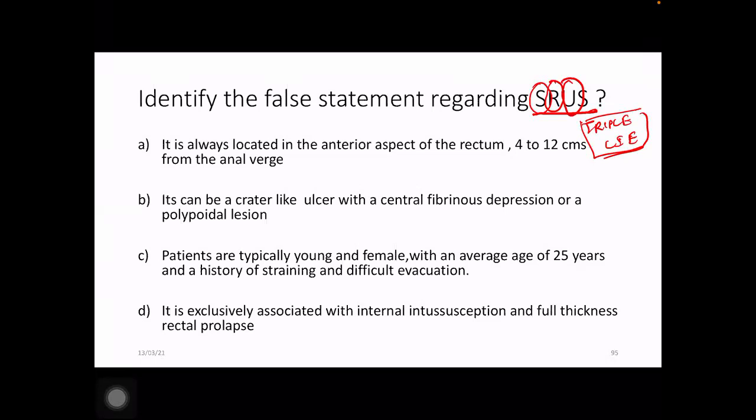But patients are typically young females with an average age of 25 years and a history of straining and difficult evacuation. True or false? True. Wonderful. So young female, 25 years is an important thing you must remember. This also they ask. And it is exclusively associated with internal intussusception and full thickness rectal prolapse.